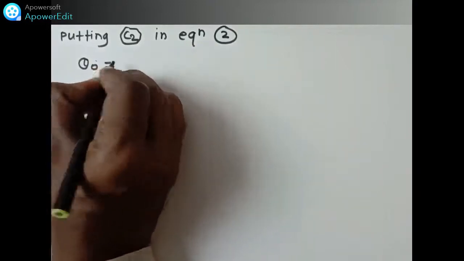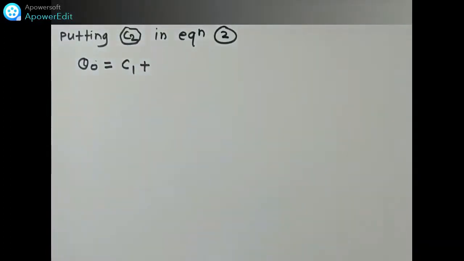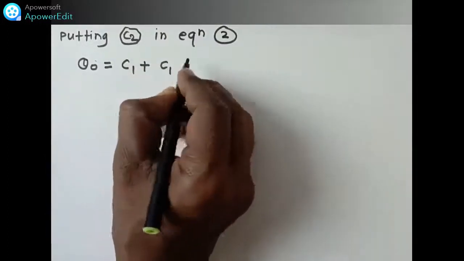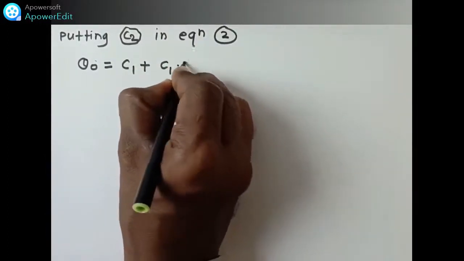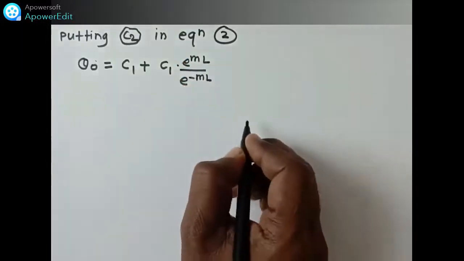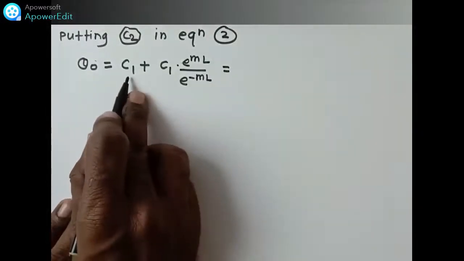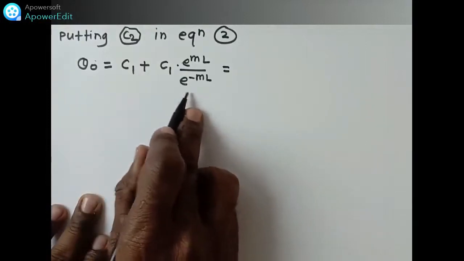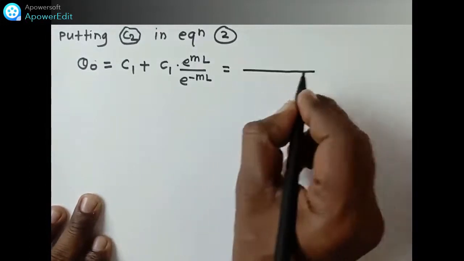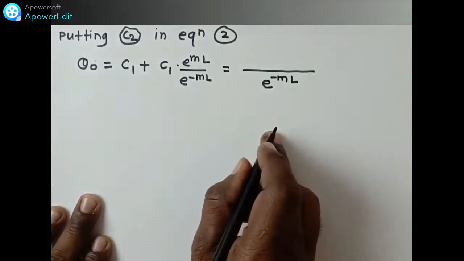Theta 0 is equal to C1 plus C2, and the value of C2 is C1 into e raised to ml by e raised to minus ml. Simplifying this equation, here we can take LCM. Here it is divided by 1, so the LCM will be at the denominator, e raised to minus ml.